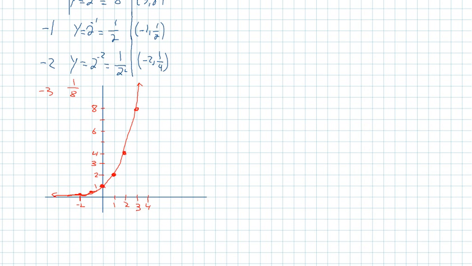Guess what? At 4, it's going to be 16. At 5, it's going to be 32. At 6, it's going to be 64. So you'll see that as I'm going up the x values, my y values are going to grow fast. Okay? That's why we call this exponential.